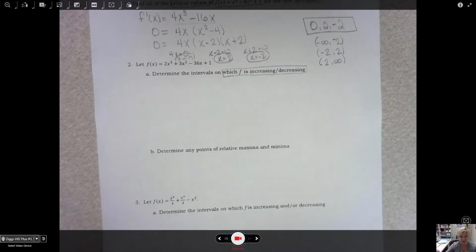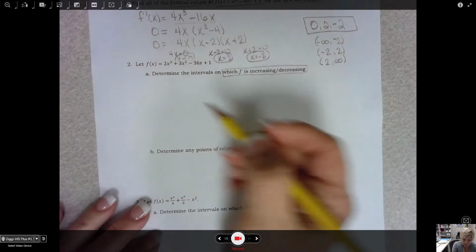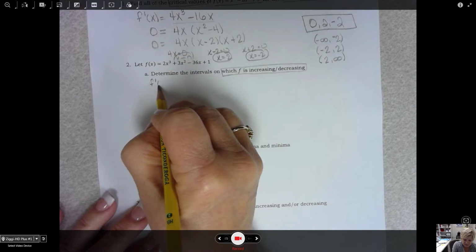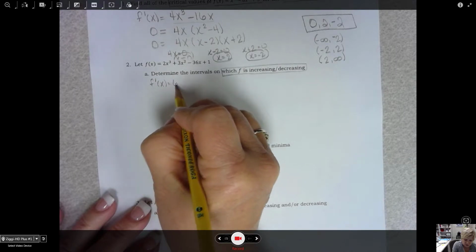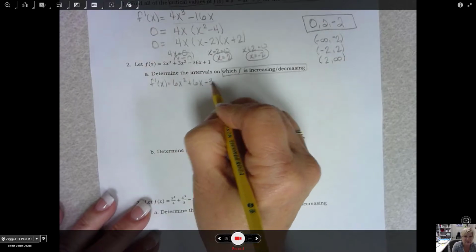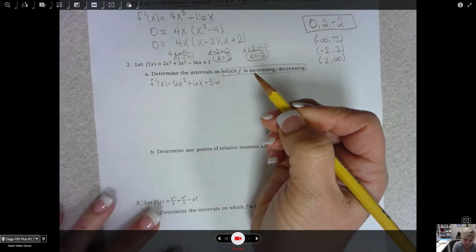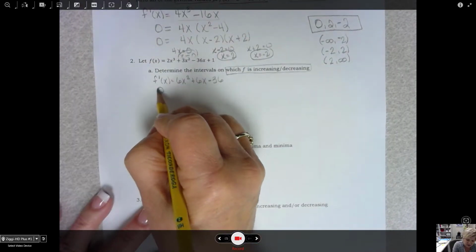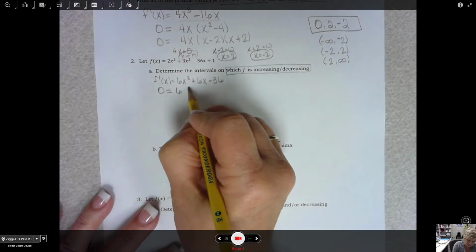So one additional step here. My first derivative would be 6x squared plus 6x minus 36. Got our first derivative. Now set it equal to 0 and factor.